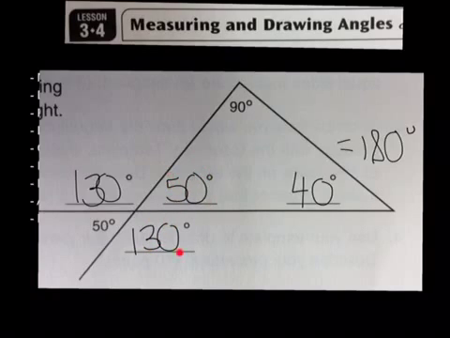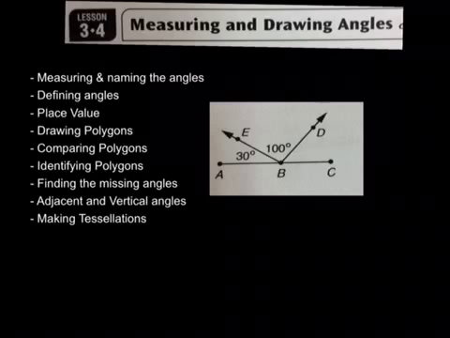So 50 plus 130 also equals 180 degrees. And same goes on this side. Okay? And also this vertical angle here is also equal. So vertical angles are equal. Adjacent angles equal 180.